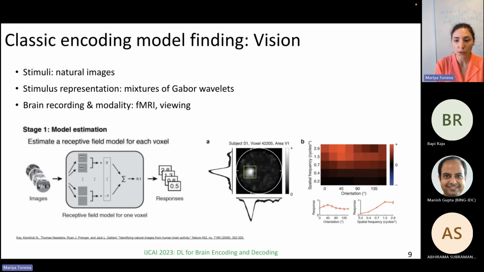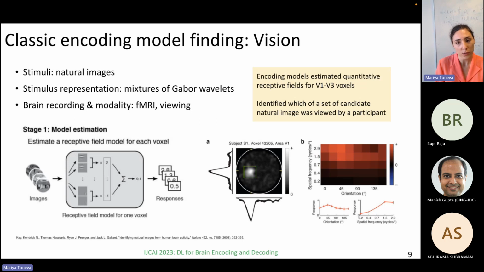And what they showed was that you can actually use these encoding models to estimate these receptive fields for these different visual areas. And on top of this, they used the encoding model to actually identify which of a set of candidate natural images somebody was viewing. So this was a big breakthrough at the time.